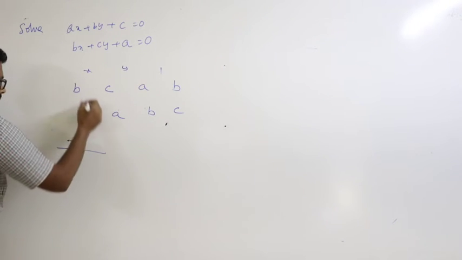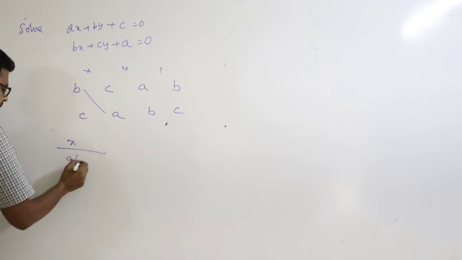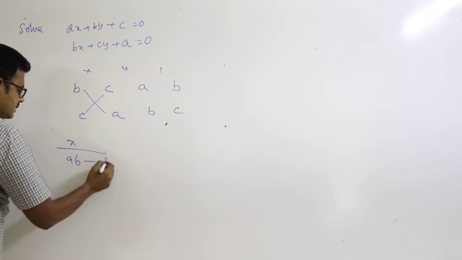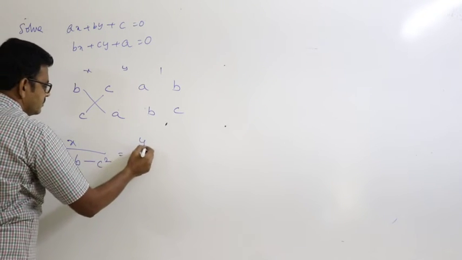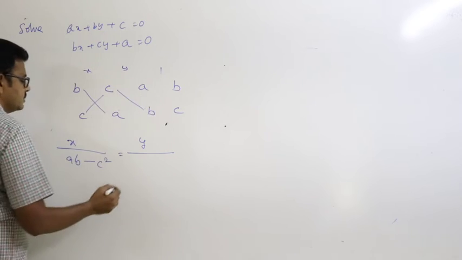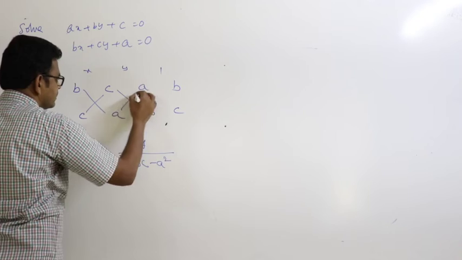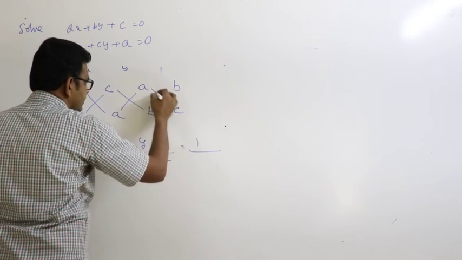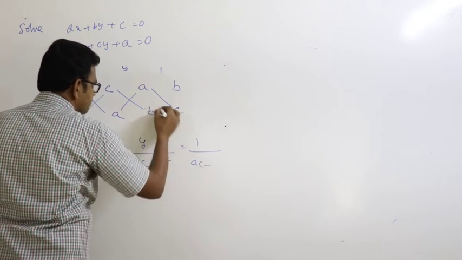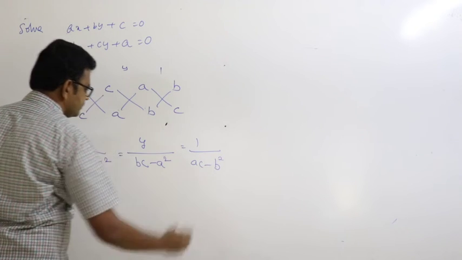X by the product of these two, ab minus c square, equal to y by the product of these two, bc minus a square, is equal to 1 by, so this is ac minus b square.